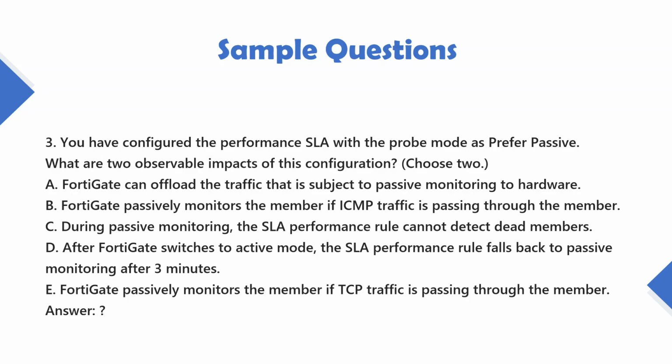C. During passive monitoring, the SLA performance rule cannot detect dead members. D. After FortiGate switches to active mode, the SLA performance rule falls back to passive monitoring after 3 minutes. E. FortiGate passively monitors the member if TCP traffic is passing through the member.